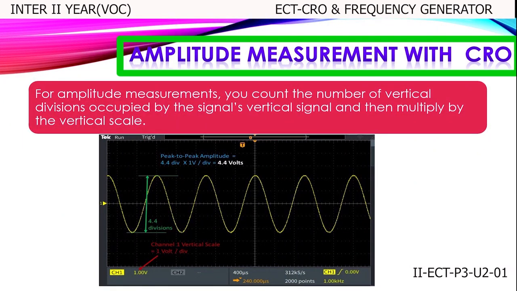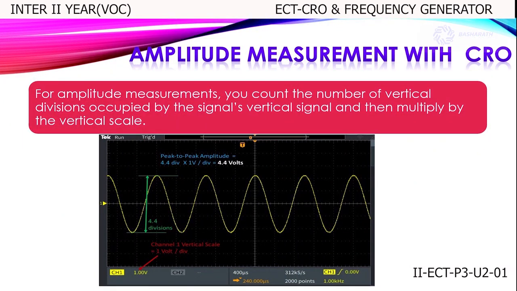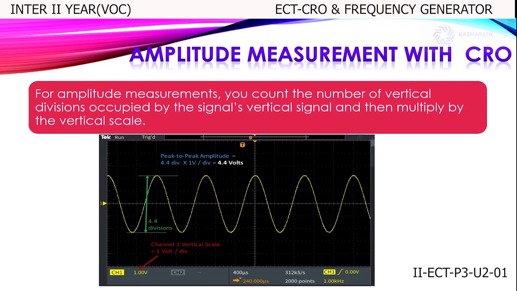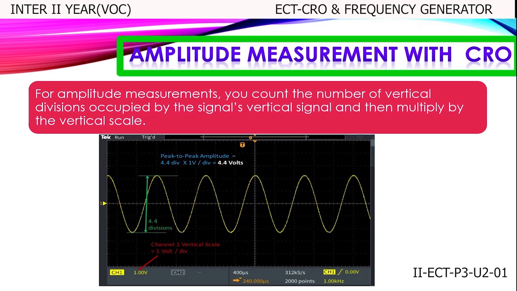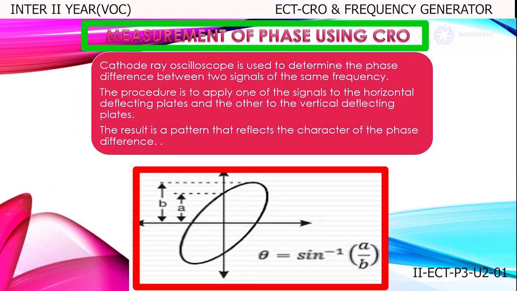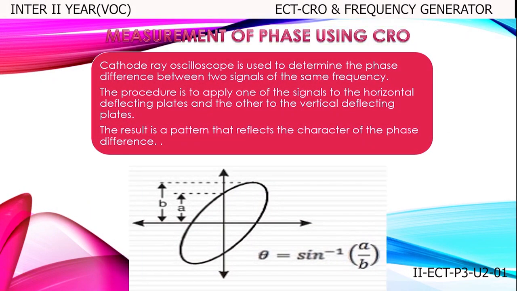Amplitude measurement with CRO. For amplitude measurement, you count the number of vertical divisions occupied by the signal's vertical signal and then multiply by the vertical scale. Measurement of phase using CRO.